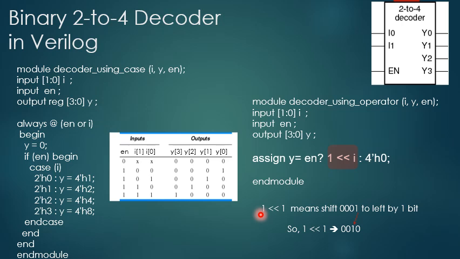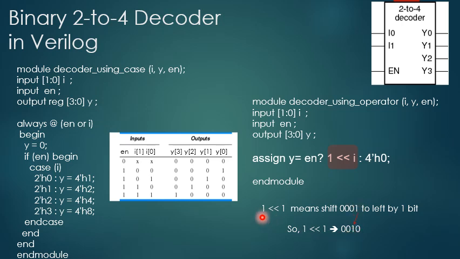So if we have 1 left shift 1, that means this number 1, okay, when written in 4-bit, it will be 0001. This number 1 will be shifted to the left for 1-bit position. So the resulting pattern will be 0010, which means this bit with value 1 has been shifted to the left for 1 bit.